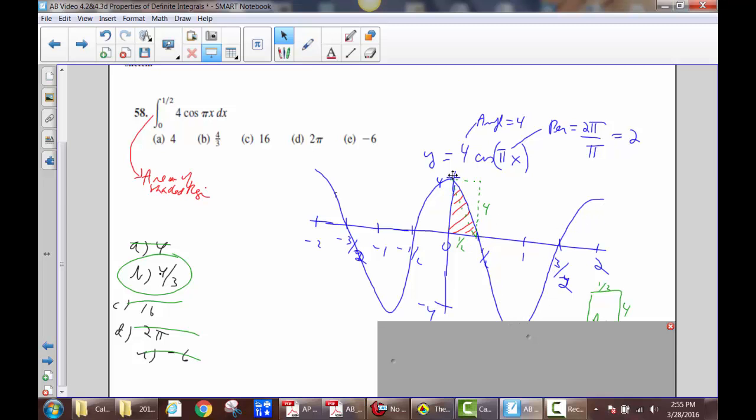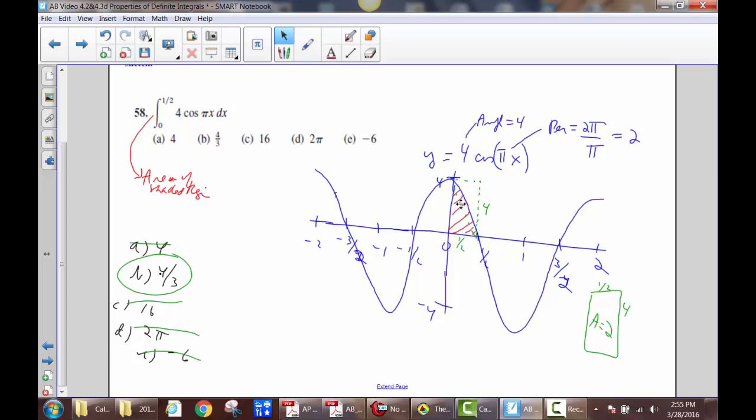So it starts up here, then it goes down through here at a half, reaches its min at 1, back, etc. So we're looking at this red region, 0 to 1/2, bounded on the top by the curve y equals 4 cosine pi x, and on the bottom by the x-axis. What they want you to do is not evaluate that integral, but look at it and go, oh, look at this rectangle. This rectangle right here has a width of a half and a height of 4. Well, that means its area is 2, a half times 4.